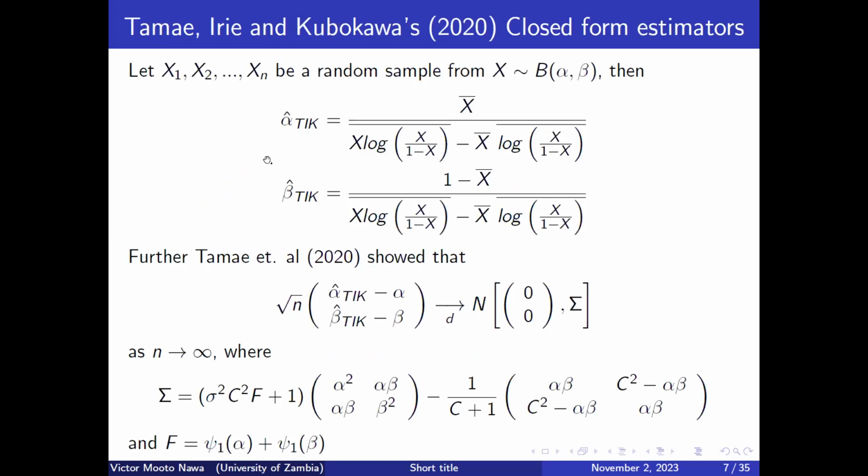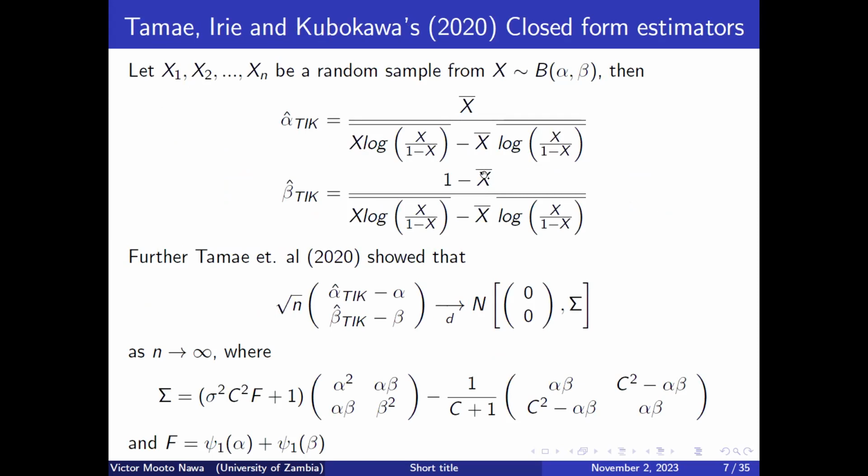Tamae, Iri, and Kubokawa's estimators are given here on this slide. If we consider a random sample of size n from a beta distribution, then Tamae, Iri, and Kubokawa proposed these closed form estimators here.